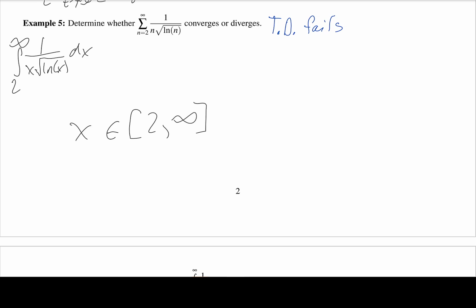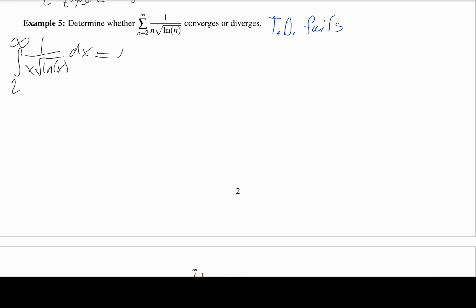Now if I take square root ln x in the interval from 2 to infinity, ln x will be getting bigger and bigger. So the square root is going to get bigger and bigger as we increase our x values. That means that we're multiplying bigger and bigger numbers on the bottom, so our fraction's getting smaller and smaller. So this is a decreasing function.